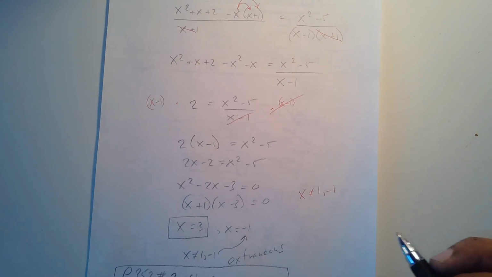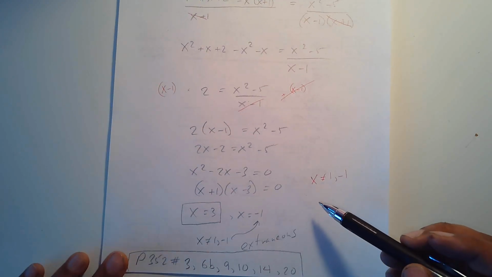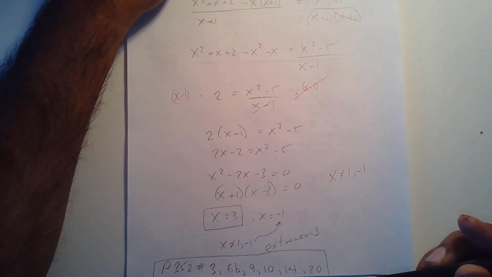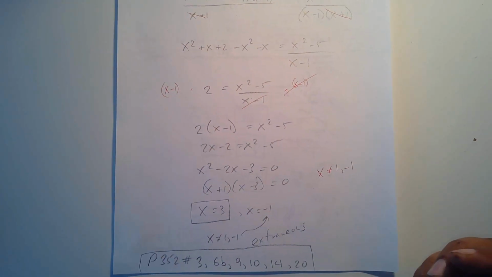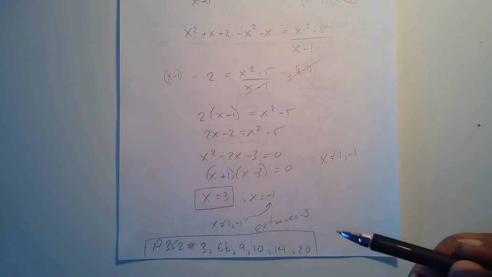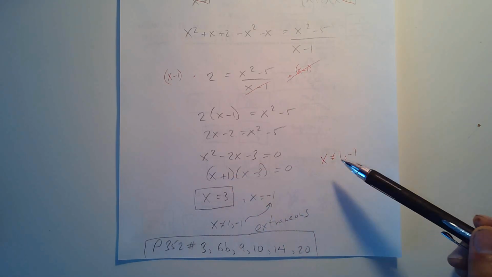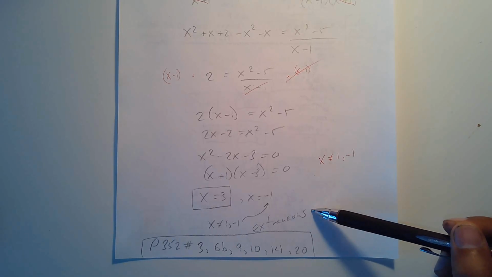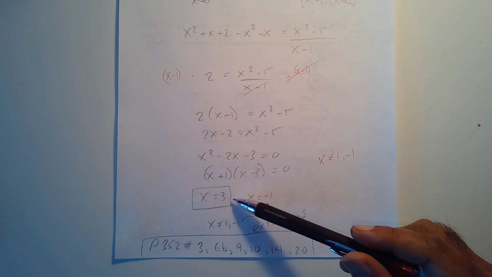You get 2 answers here, positive 3 and negative 1, but because the negative 1 is extraneous, that's not one of the possible answers. Negative 1 is an answer here, but because it's a non-permissible value, we say it's extraneous, so it cannot be a solution. So you only have one solution, x equals 3.